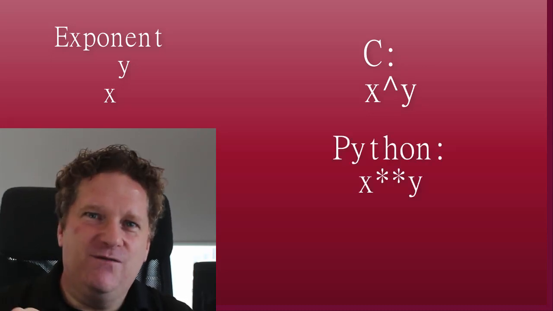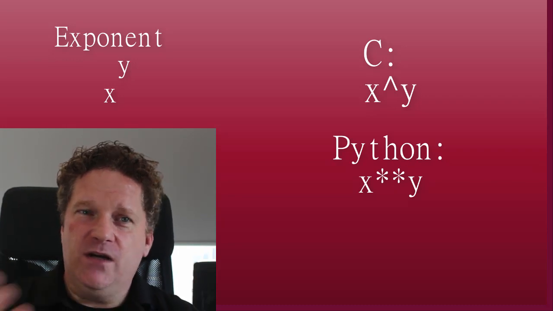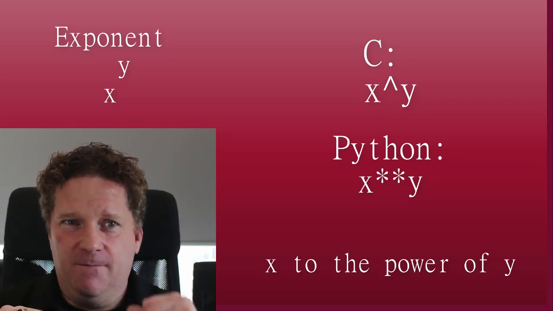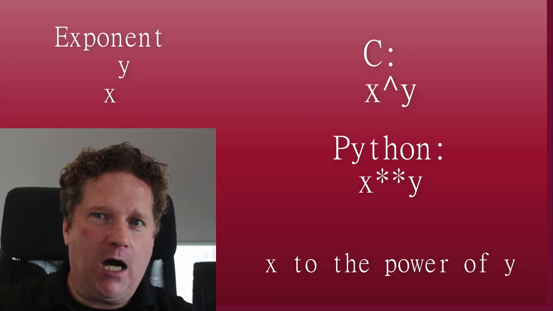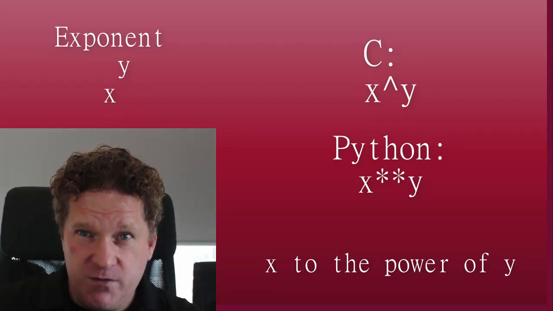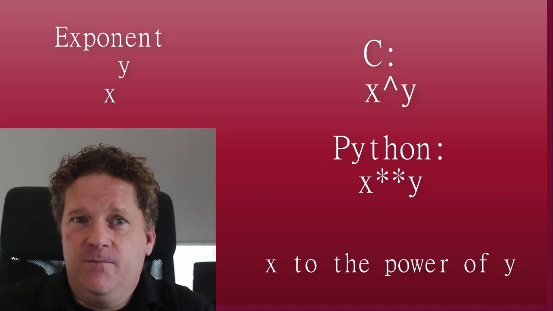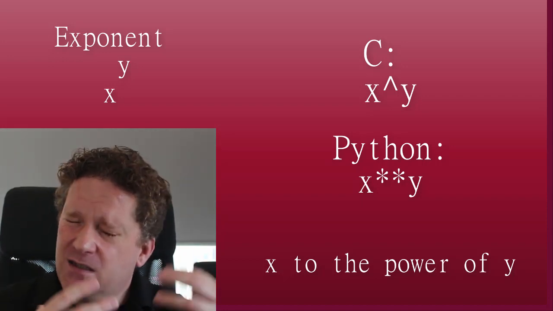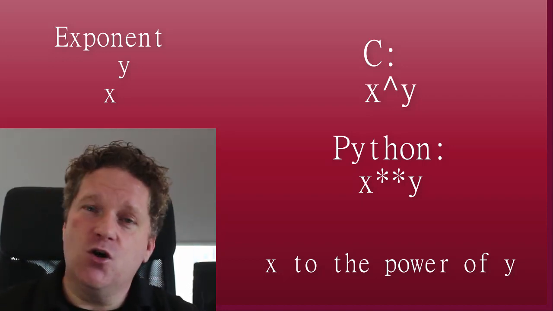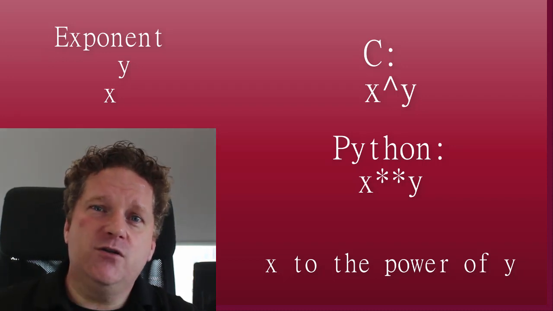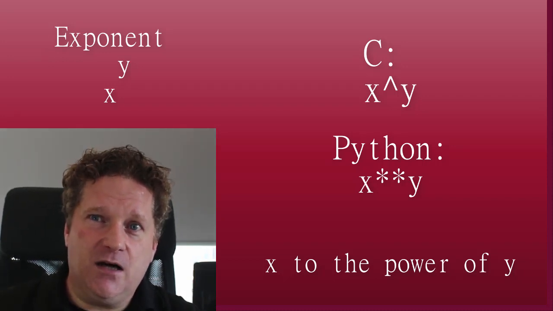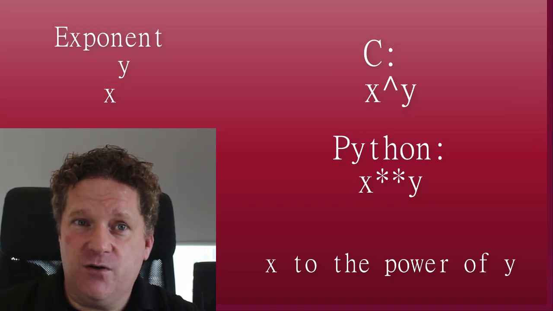So that's where the confusion comes in, right? So if you were to write something out like x to the power of y as words, that's probably the best for getting started with. The reason being, it's a little bit wordy, but there's no confusion. I don't want you using Python code inside of your pseudocode.